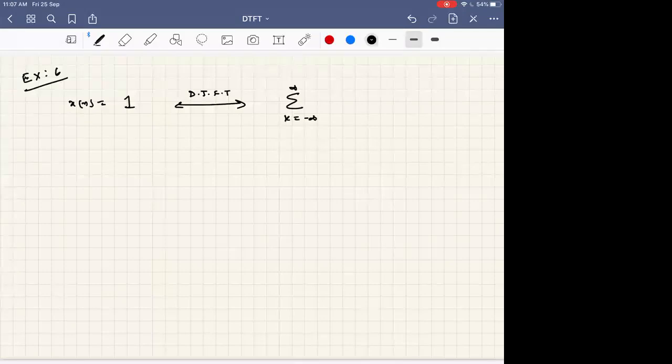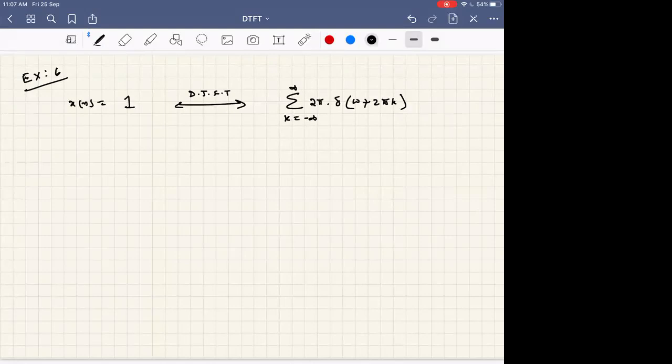What is the discrete time Fourier transform of 1? Those who have familiarity? None of you know? It will be delta of omega, but delta of omega minus 2 pi k, plus or minus 2 pi k, into 2 pi.